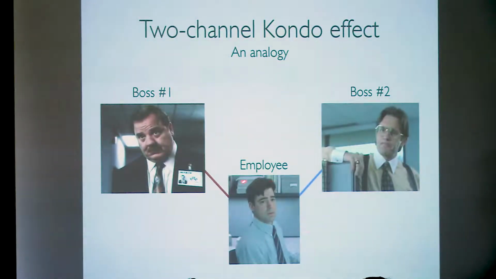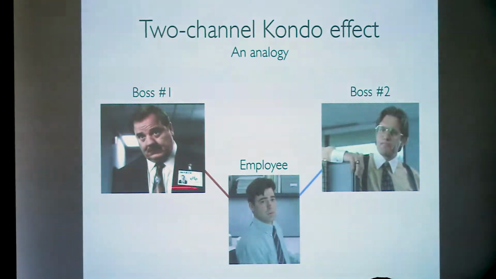So maybe I'll describe this a little more clearly by way of analogy. Suppose you have an employee of a company, and the employee has two bosses, okay? Now, if one boss is more important than the other, you might think that at short time scales, it's hard to know who to answer to if they have different opinions. But at longer time scales, or we should say at lower energies, ultimately you answer to one of these bosses at the end of the day.